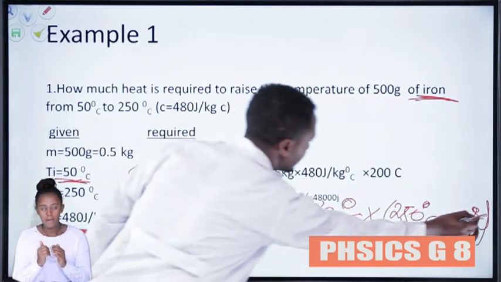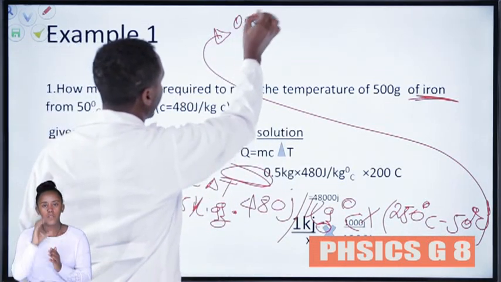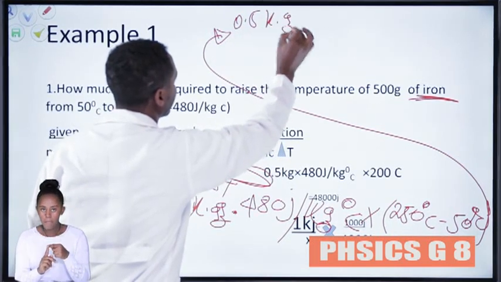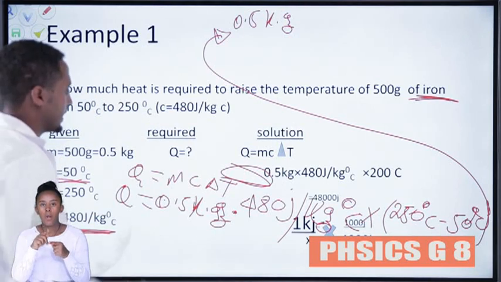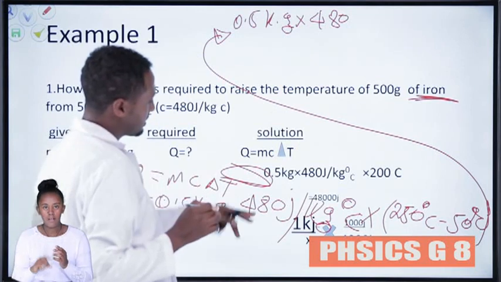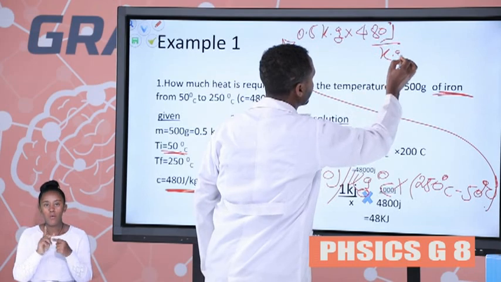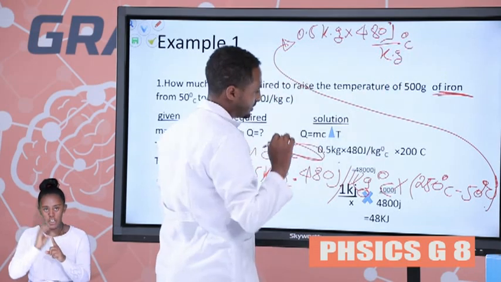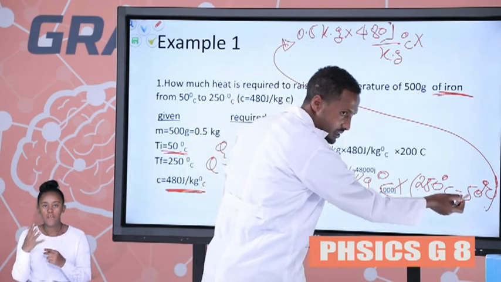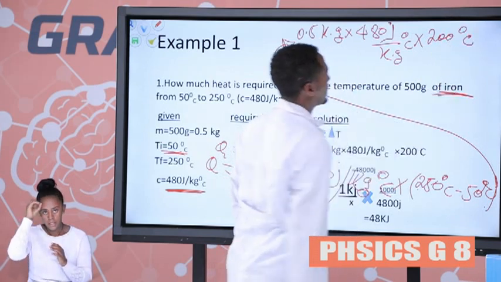Then Q is equal to 0.5 kilogram times 480 joule per kilogram degree Celsius times 250 minus 50, 200 degrees Celsius.